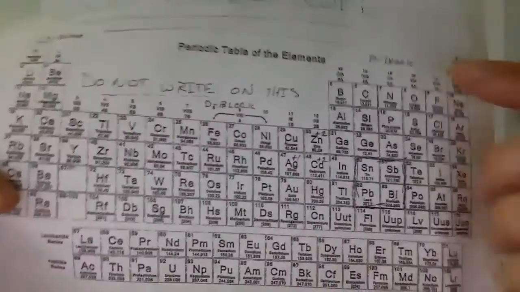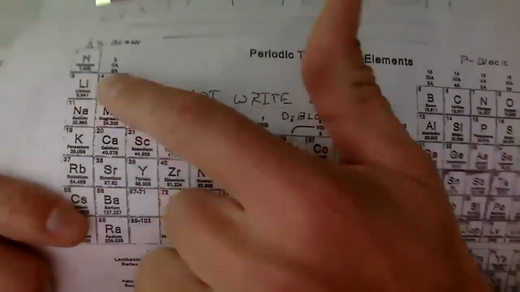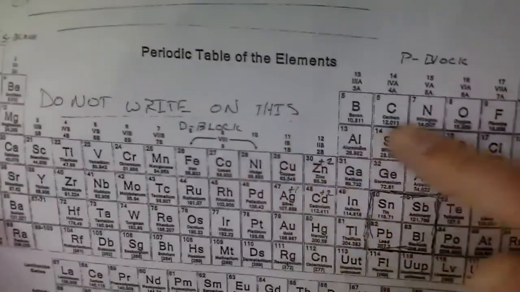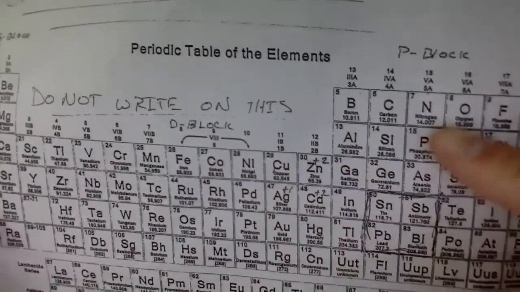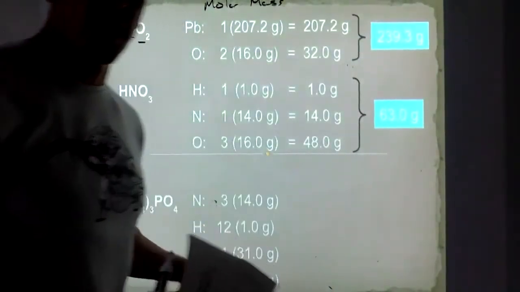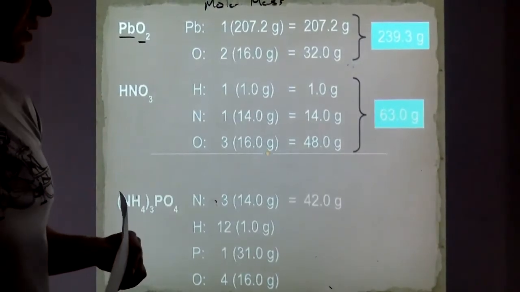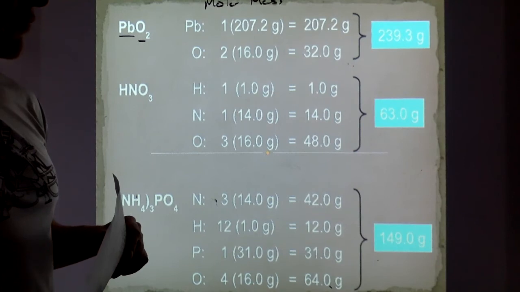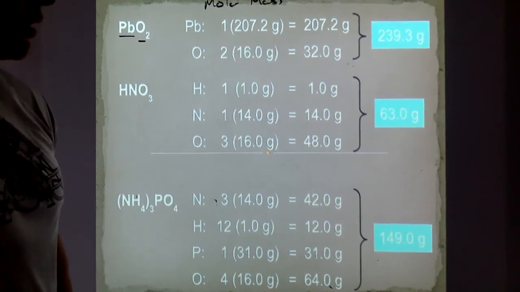So if we look at them, hydrogen is 1. Nitrogen is 14, oxygen is 16, and phosphorus is 31. That's all these numbers that we have right here. So then we can do the math, then we add those up, and we get a mass of 149.0 grams.